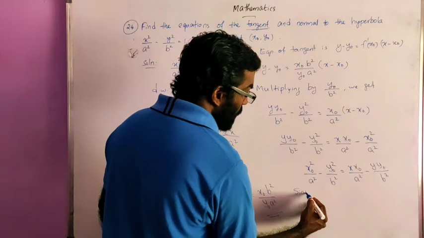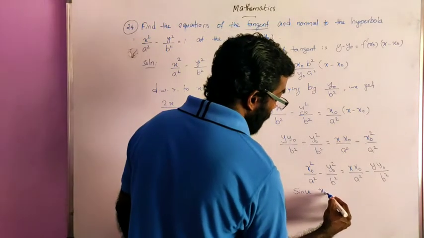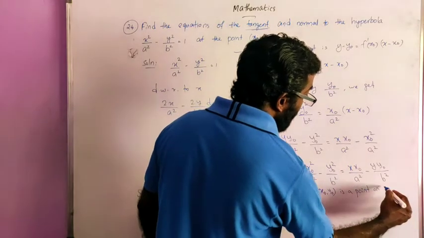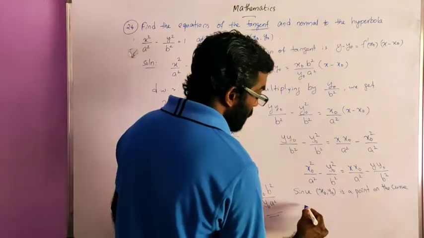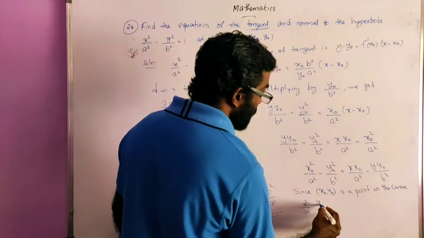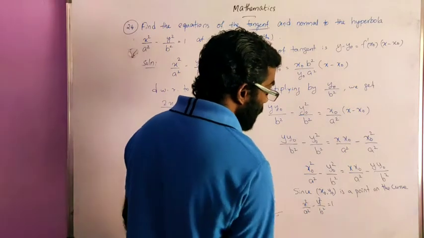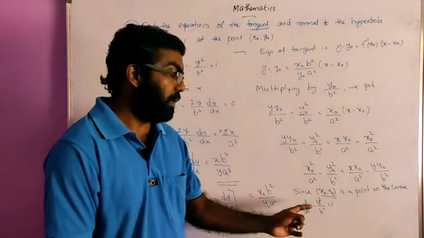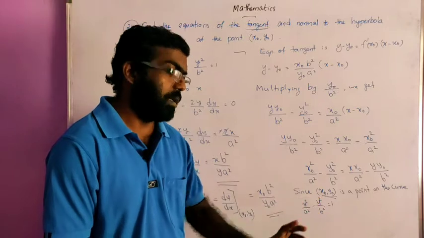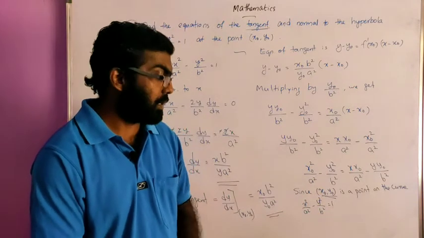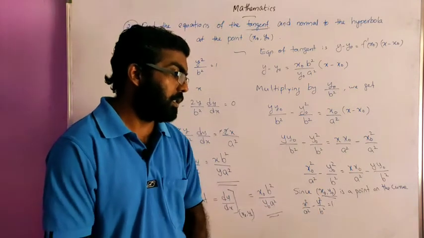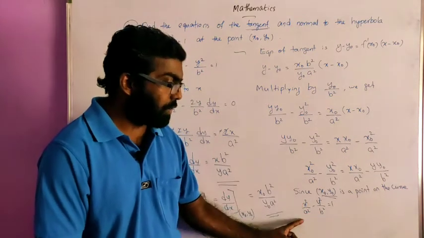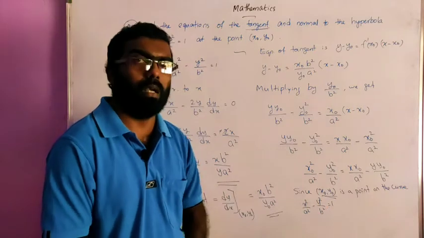Since x0 comma y0 is a point on the curve, x0 y0 is a point on the hyperbola x square by a square minus y square by b square equal to 1, the point x0 y0 must satisfy this equation. That means if you replace x by x0 and y by y0, that also holds this equation. And if we put x0 and y0, what happens? x0 square by a square minus y0 square by b square equal to 1.